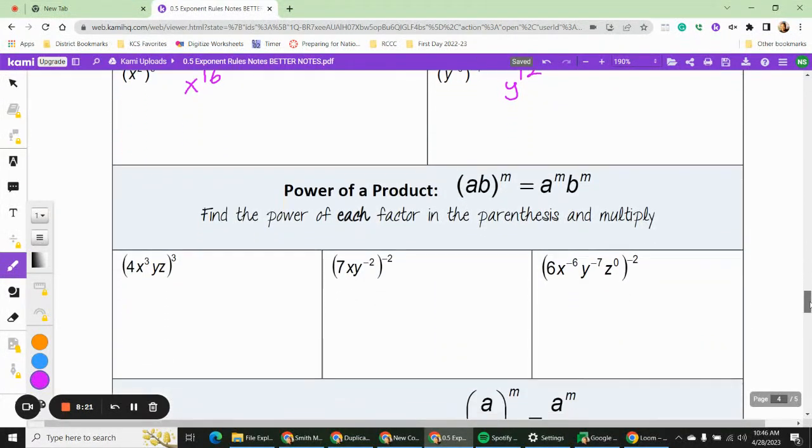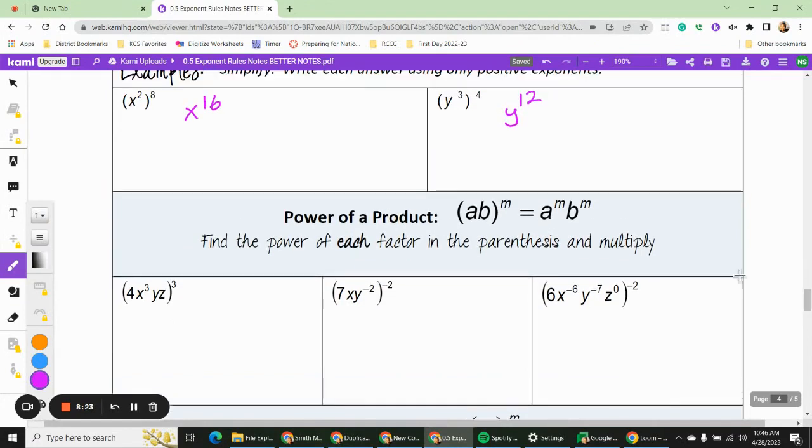And as we move further, the power of a product, basically, if we have two things inside the parentheses and there's an exponent outside, you make sure you distribute that exponent. Make sure you multiply that exponent outside parentheses times every exponent that's inside the parentheses. So basically, this 3 is going to make this 4 to the third power.